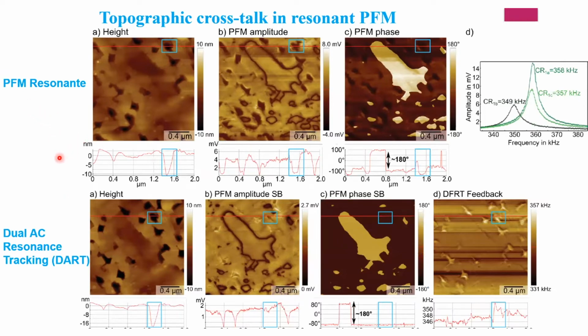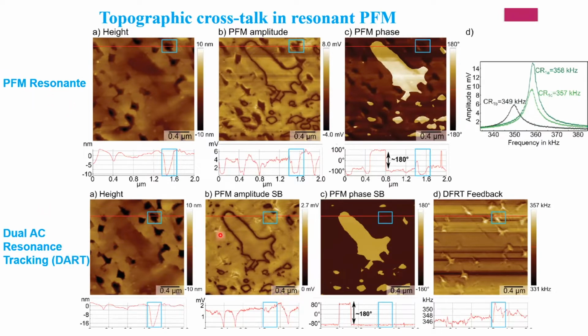This is an example of the use of this dual AC resonance tracking to avoid this topographic influence. We have the comparison of these two kinds of measurements, one with resonance PFM and one with DART.